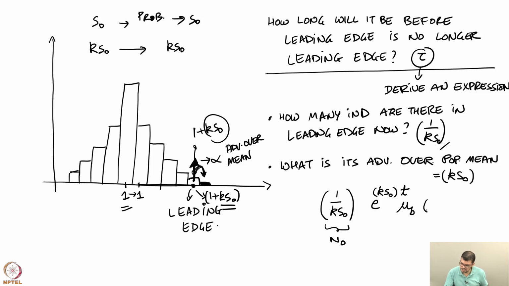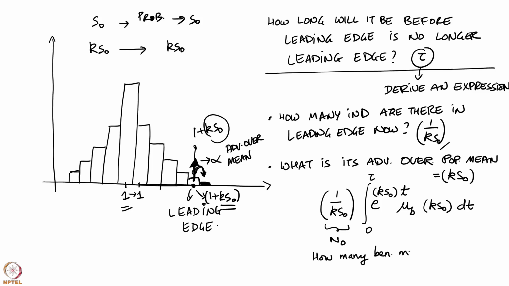This is multiplied by the probability of survival of drift, and I am going to integrate this from 0 to tau dt, and this expression gives me how many beneficial mutations occur and survive drift in the leading edge.